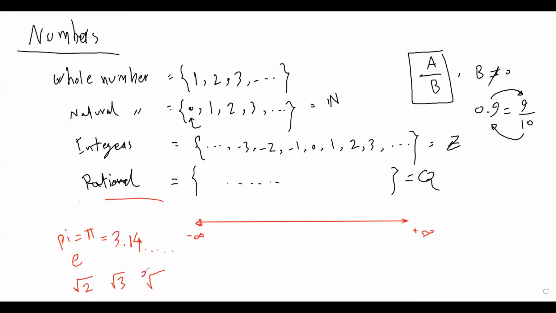So basically the cube root of 27 doesn't count, guys, because the answer is 3. So this is not an irrational number. However, the cube root of 15, for example, is an irrational number.